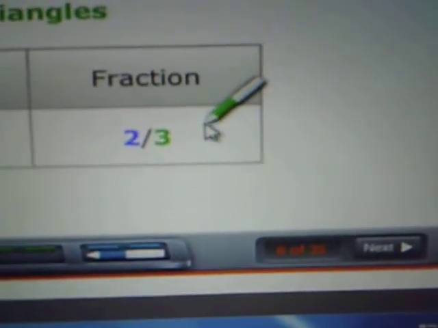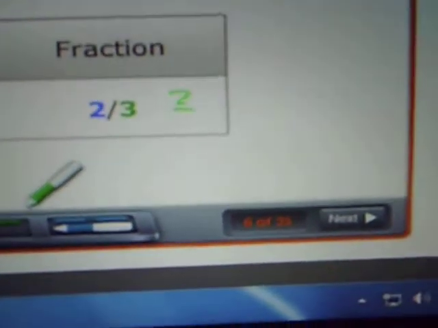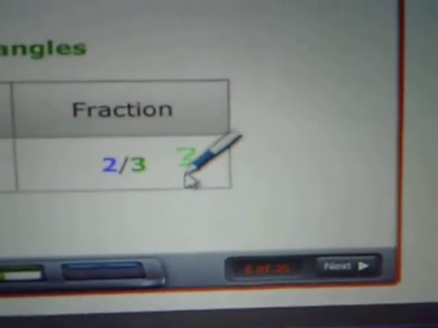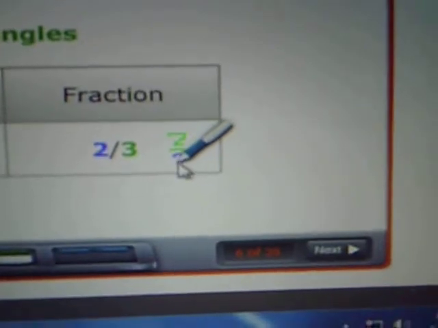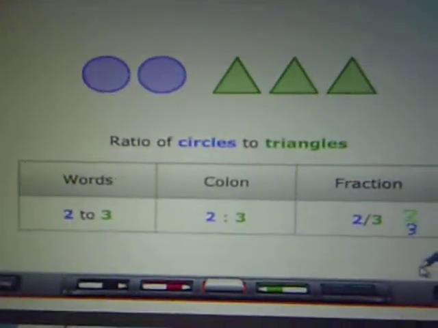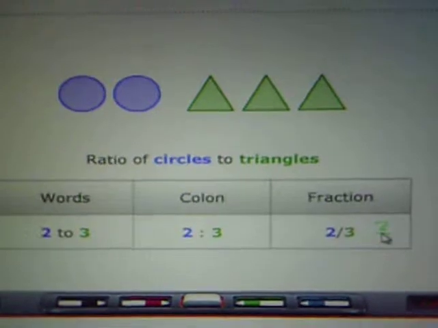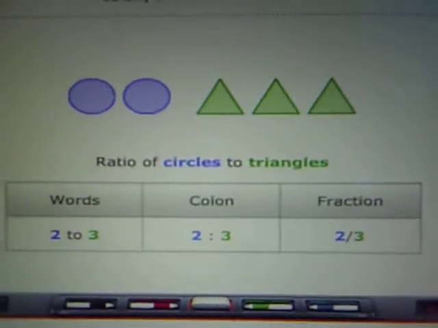And a better way of writing that would be to make your fraction up and down like a normal fraction, where the circles, which is the first number in our ratio, is the numerator, and 3 would be the denominator. So all of these are different ways of writing the ratio of circles to triangles. Let's move on.